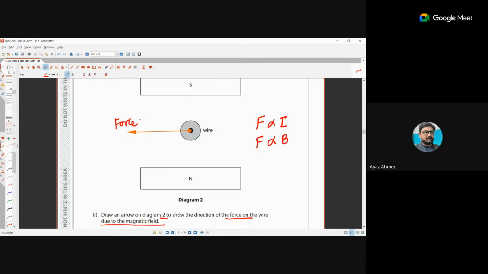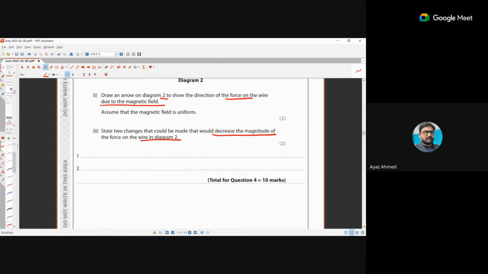So if you reduce both of them, this is the simple logic. First, reduce the current in the wire, and secondly, reduce the magnetic field strength.